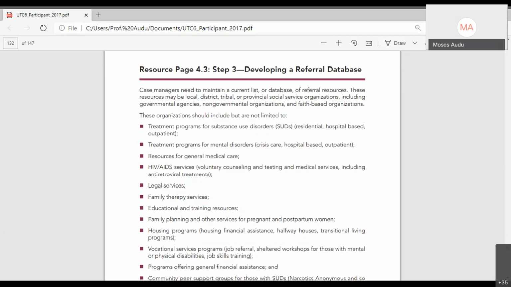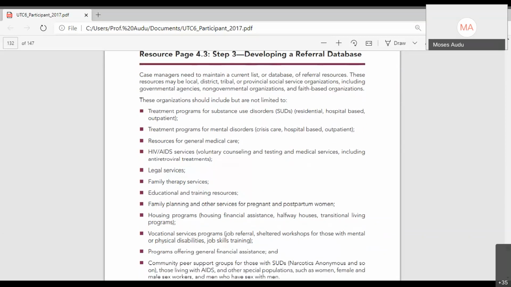Clients might need actual treatment, especially inpatient treatment. You must be able to liaise with those programs and be able to refer them or purchase the treatment for them. Treatment programs for mental disorders are very important because most times, for those who are in treatment, we discovered, I said, up to 60% of our clients come with co-occurring disorders, mainly mental illnesses.